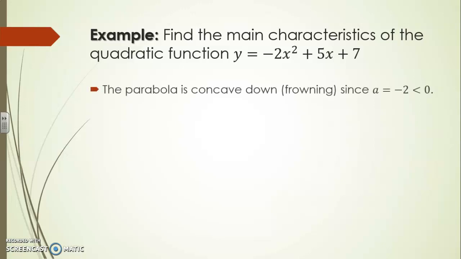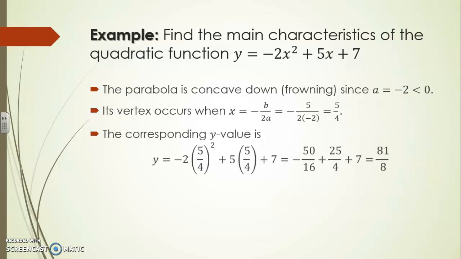Let's start first of all by examining the sign of a. In this case, a is minus 2, so negative, and therefore the parabola will be concave down. The vertex will occur when x is minus b over 2a, so minus 5 over 2 times minus 2 provides us with the x-coordinate of the vertex, so 5 over 4.